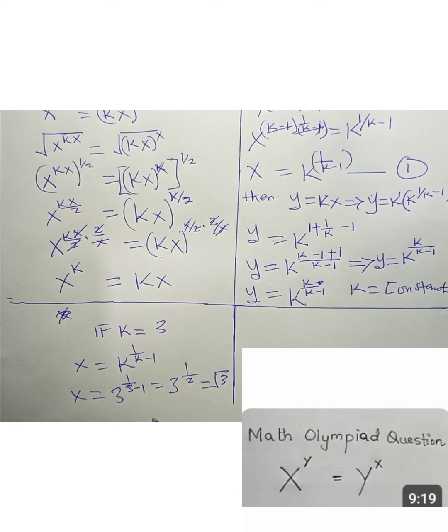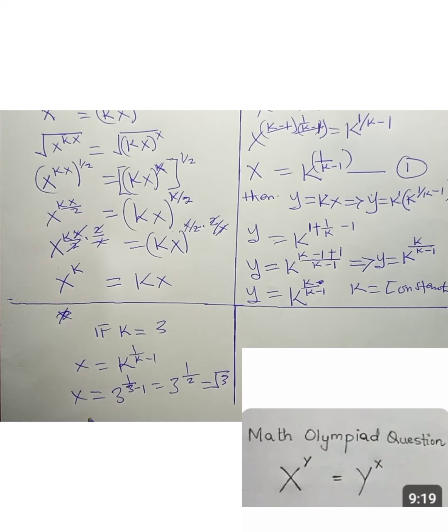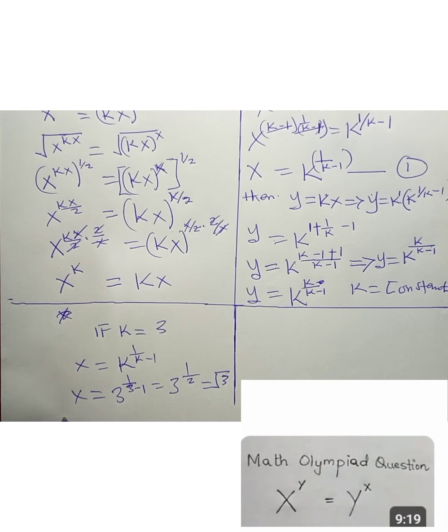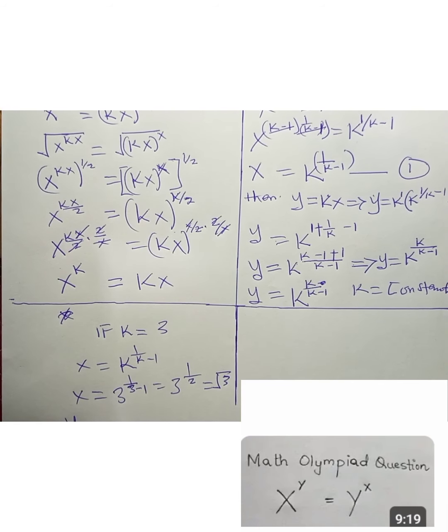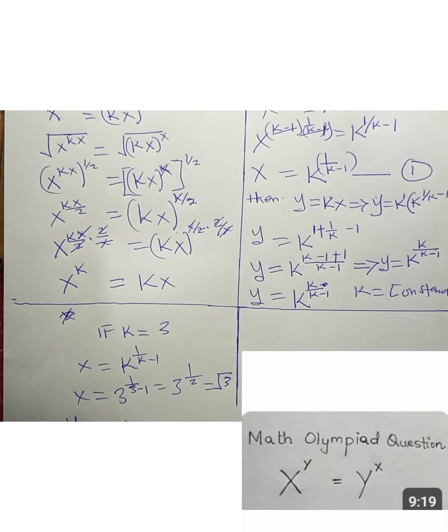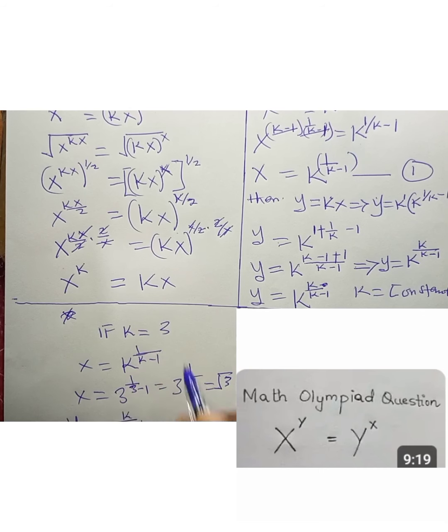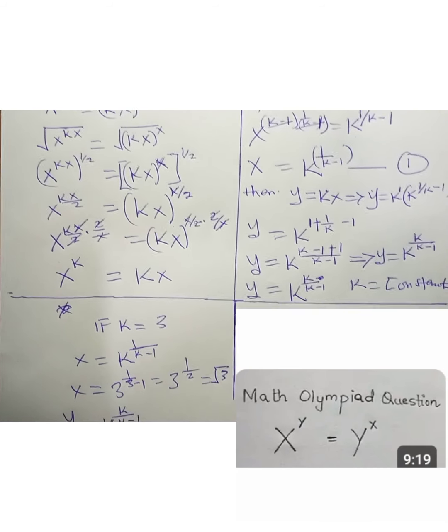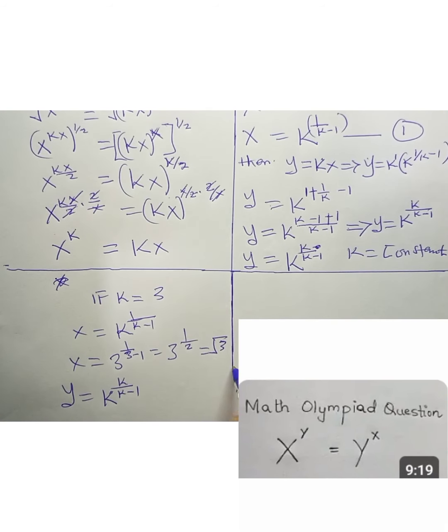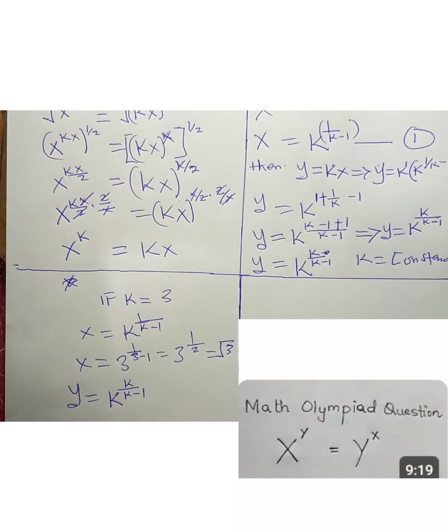So if that be the case, it therefore means that y already is equal to k raised to power k divided by k minus 1. Since our y is equal to that power, we can rewrite this.